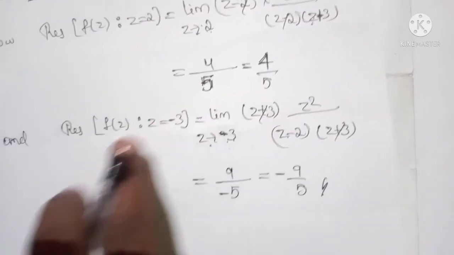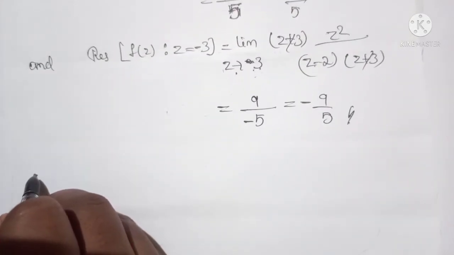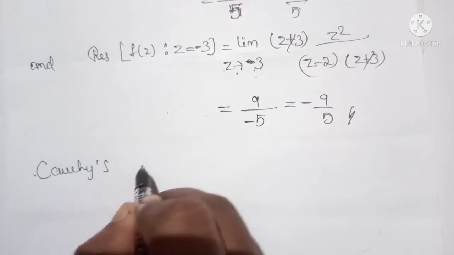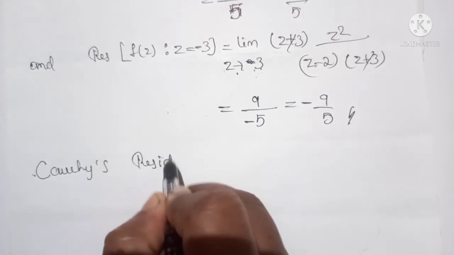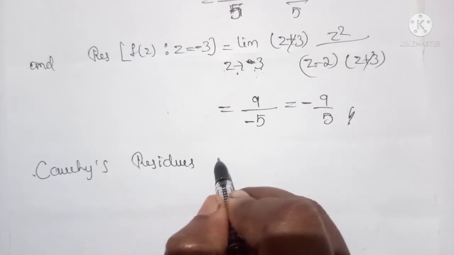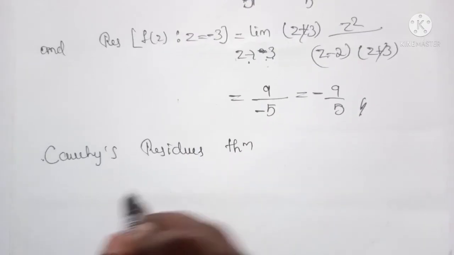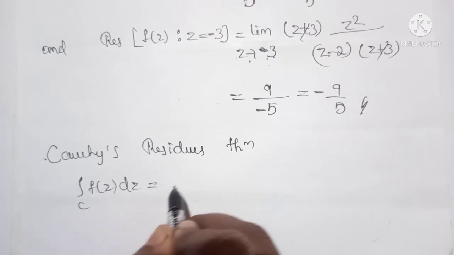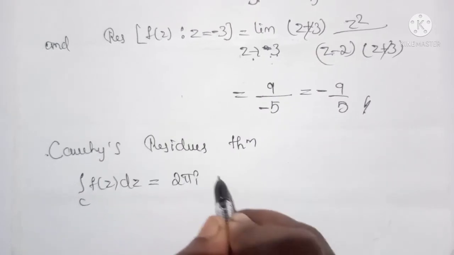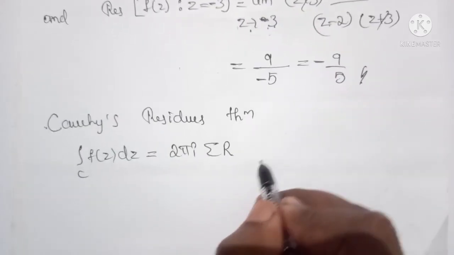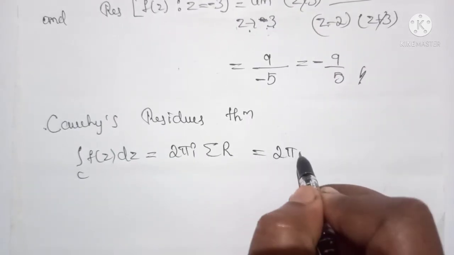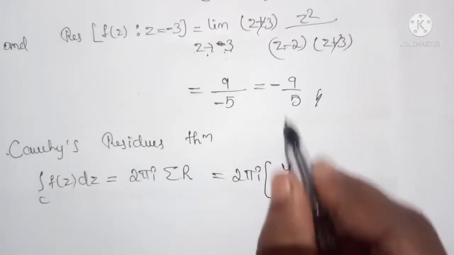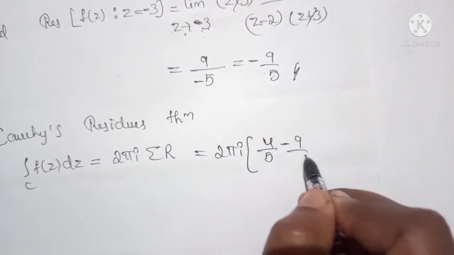Okay, so therefore now by using Cauchy's residue theorem, we have integral over c of f(z) dz equals 2 pi i times the sum of the residues, which equals 2 pi i times (4 by 5 minus 9 by 5).